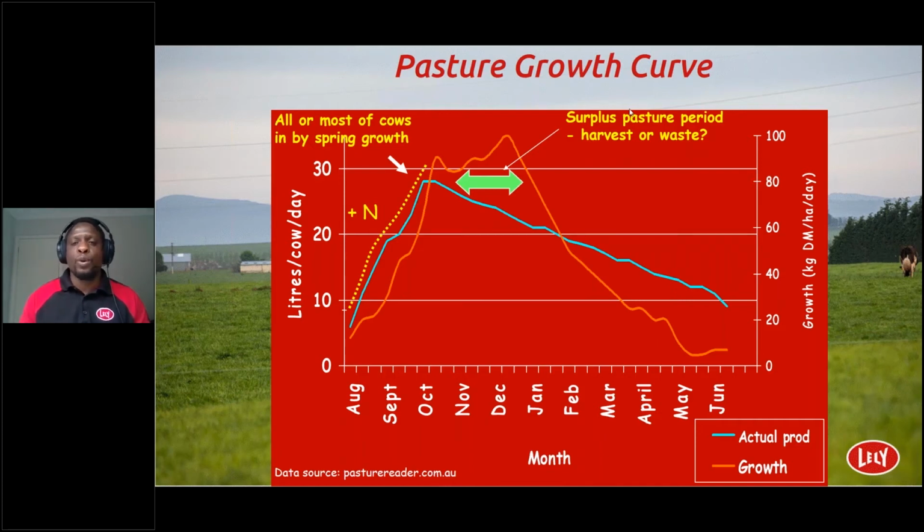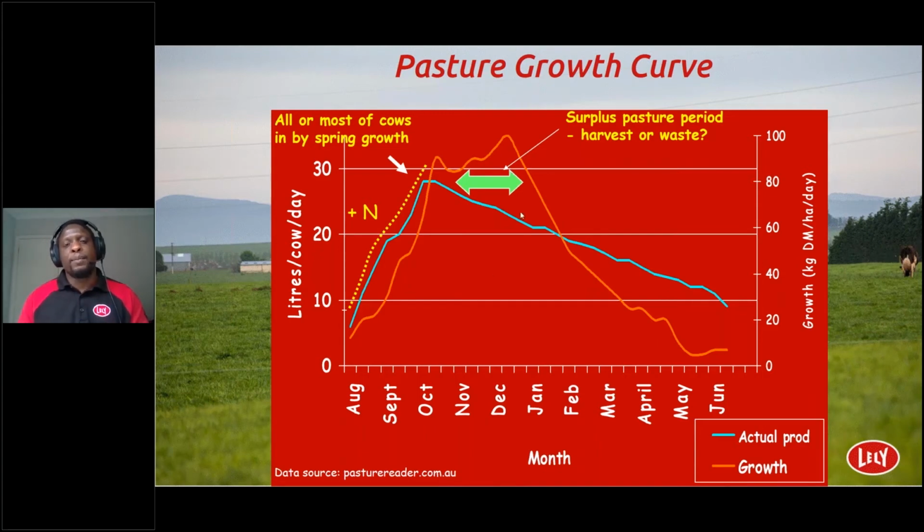Otherwise, you'll be wasting the cheapest feed source on your farm. Why spend money on nitrogen fertilizer when you're not going to utilize the pasture? It does cost about as much to grow pasture and waste it as it does to grow and utilize it.